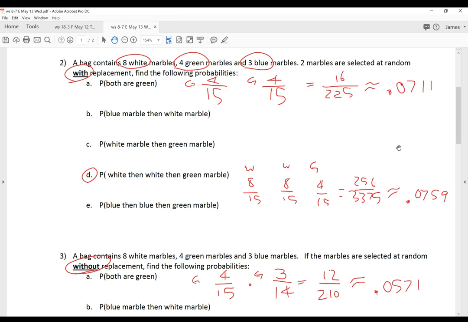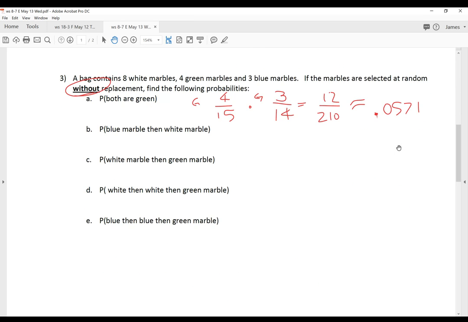Okay, so now without replacement, where are we? This one, white and green. To start with, you have 8 out of 15. The second time, you only have 7 left because you took one of them out, and then you have 14 in the bag. The third time, you have 13 in the bag because you took out 2 whites. And then how many greens?